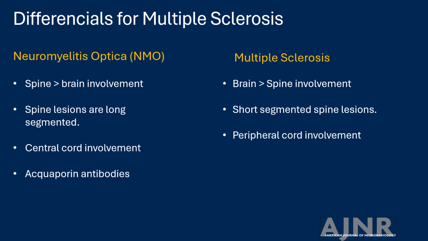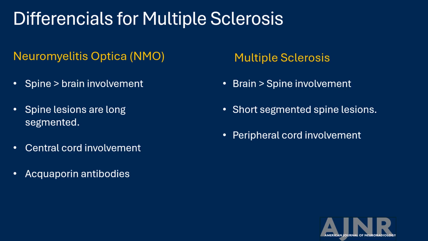Now let's look at some differentials for multiple sclerosis. The first is neuromyelitis optica. NMO and multiple sclerosis can be pretty challenging to differentiate, yet there are slight differences. The first is that in NMO, the spine is more involved than the brain, as compared to multiple sclerosis, which involves more of the brain than the spine.